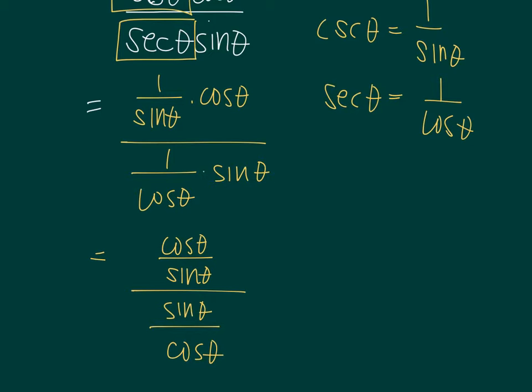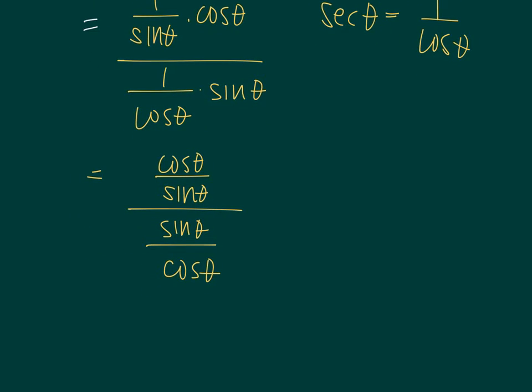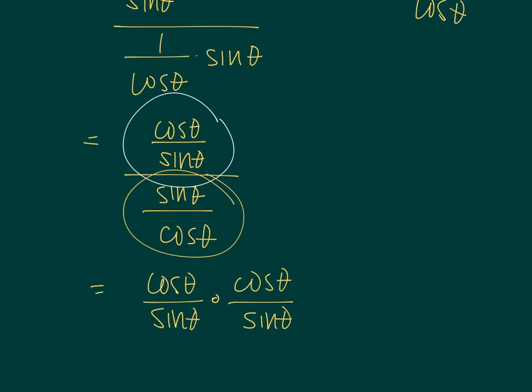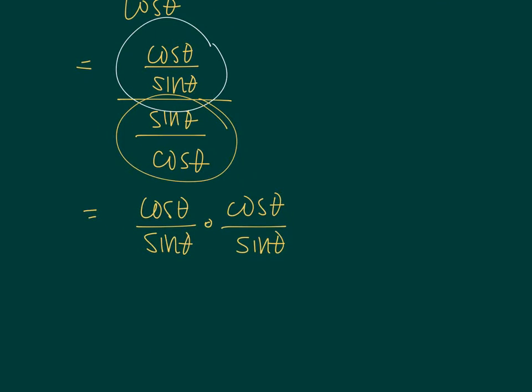Okay. Now, when working with fractions, this is the same as cosine theta over sine theta, that's your numerator, multiplied by the reciprocal of the denominator, so cosine theta over sine theta. And this will become cosine squared theta over sine squared theta.